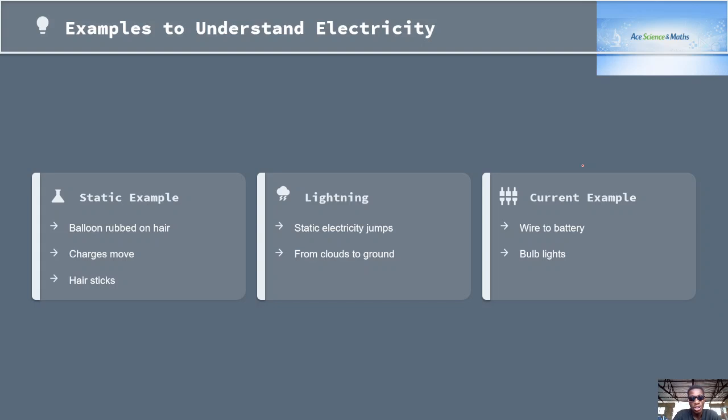All right. So to summarize, I want us to look at the fact that electricity comes from charges, both positive and negative. In static electricity, it's always stationary. In current electricity, there is a continuous flow of electrons. Electrons move because of charge differences and voltage, meaning it moves from a high level to a low level. The high level is the negatively charged part, moving to the low level, which is the positively charged part.